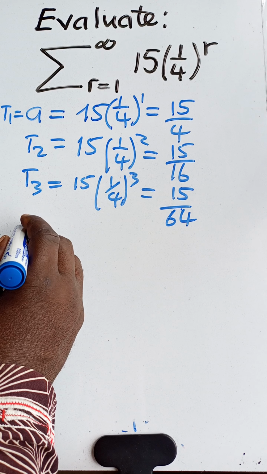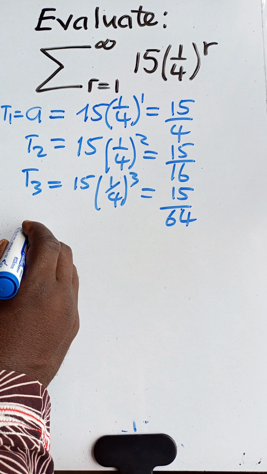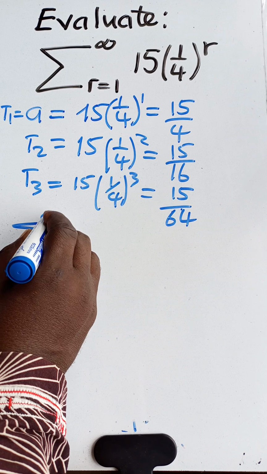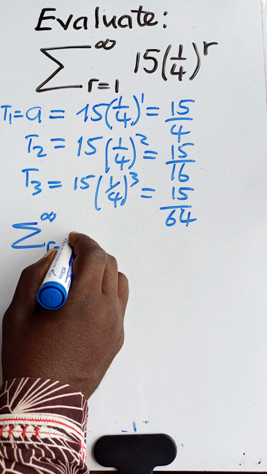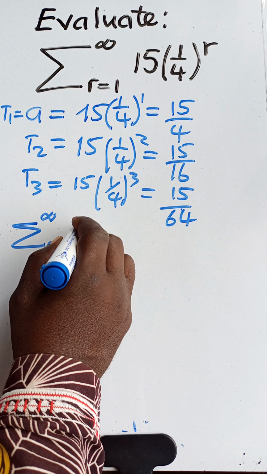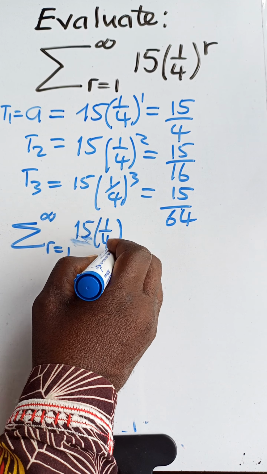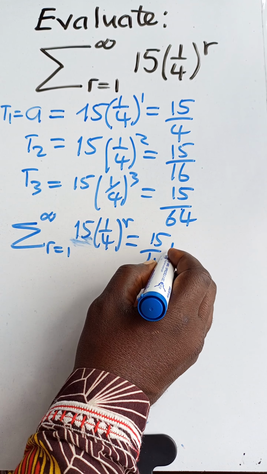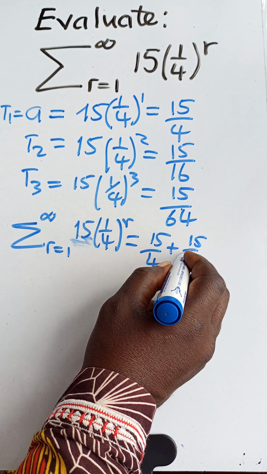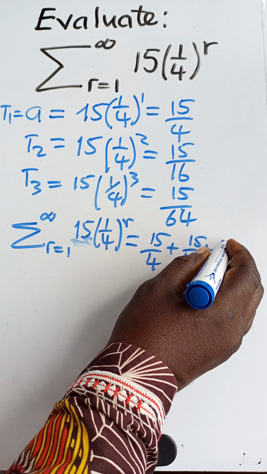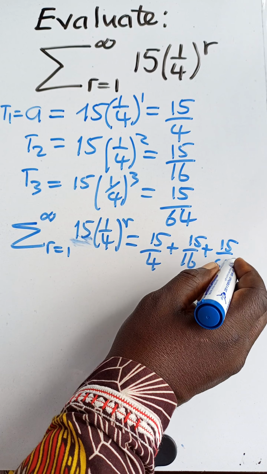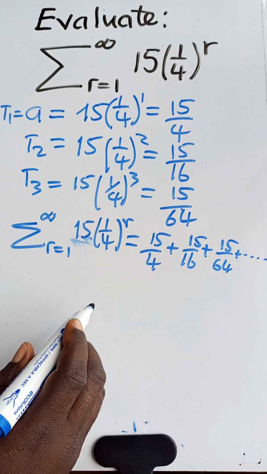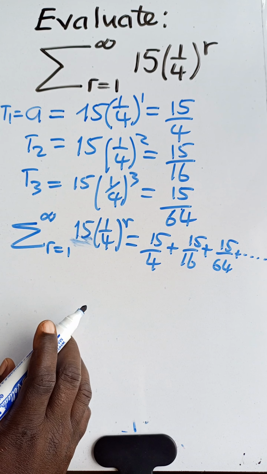All right, so our series, the sum of 15 into 1 all over 4 to the R, can be written as 15 all over 4 plus 15 all over 16 plus 15 all over 64 and so on, right to infinity.